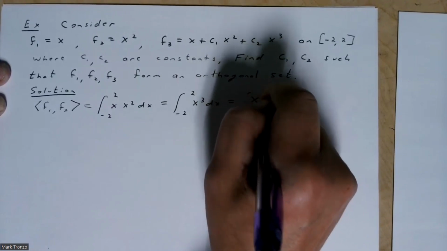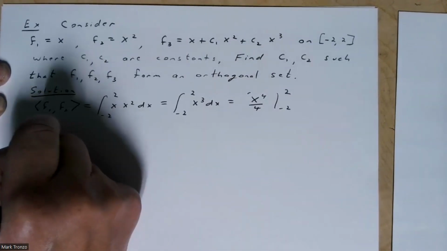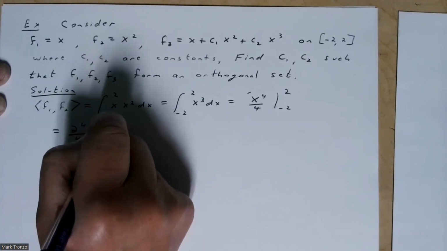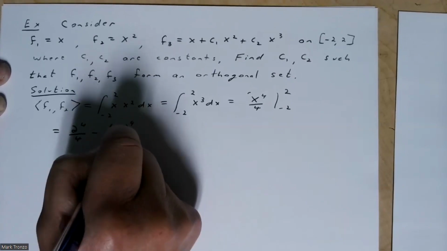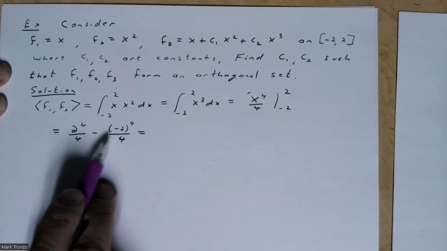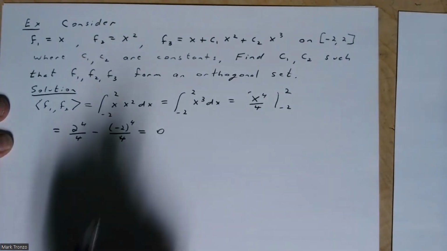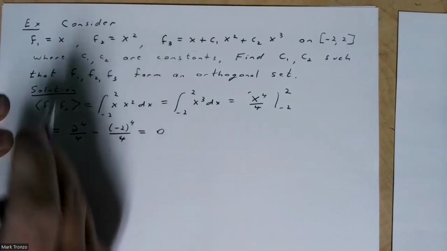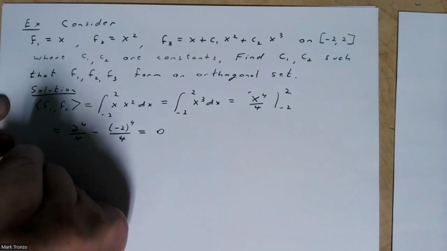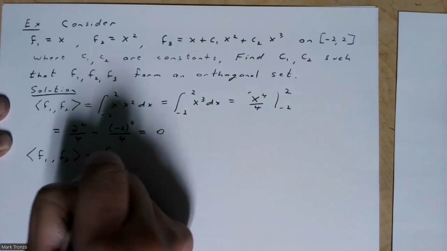If we integrate this, this is going to be 2 to the 4th minus 2 to the 4th, so that'll become positive. So that's 0. So those two are orthogonal. Now we want to be sure that this and this is orthogonal, and this is orthogonal. Let's start with the pair F1, F3.